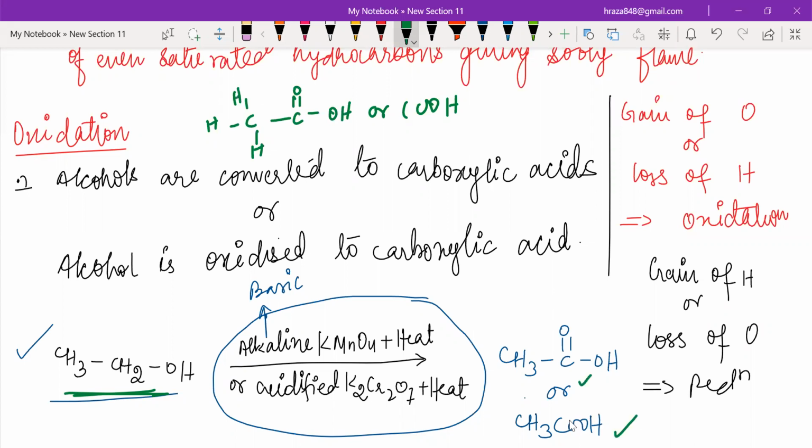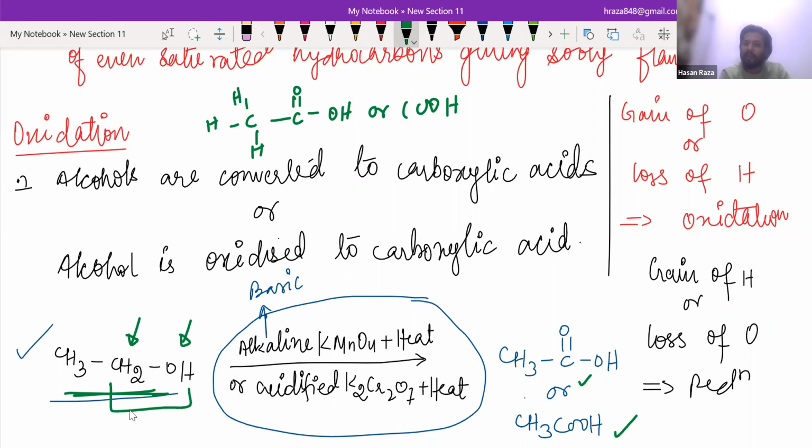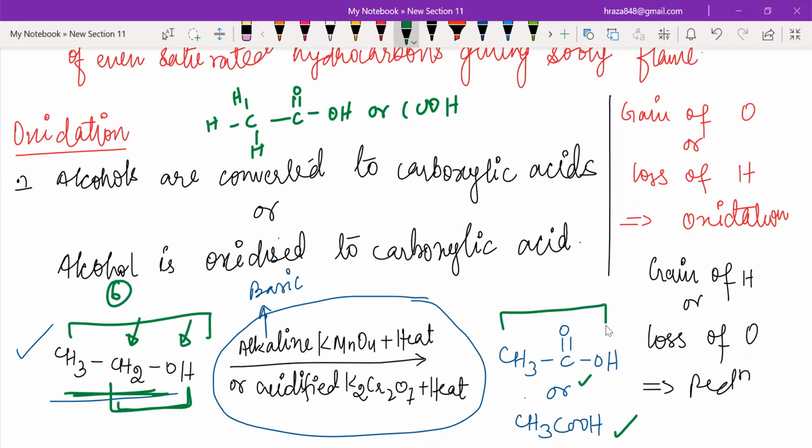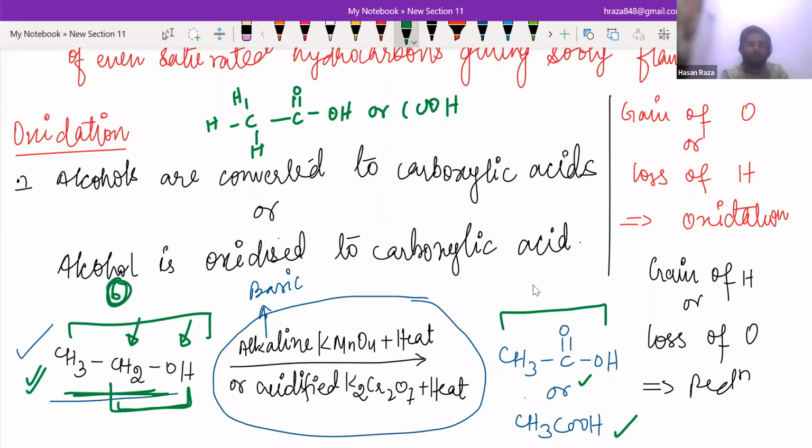How did the oxidation take place? You can see there were 3 hydrogens between this and this. Total hydrogen you can count, 6 hydrogens were there in ethanol. And how many hydrogens in this? Only 4 hydrogens are left.